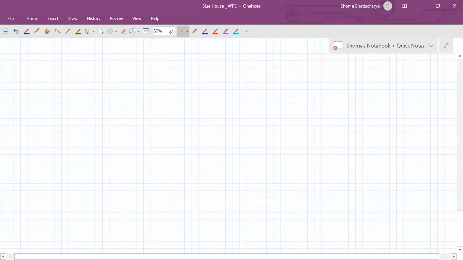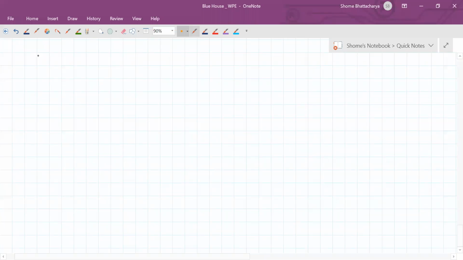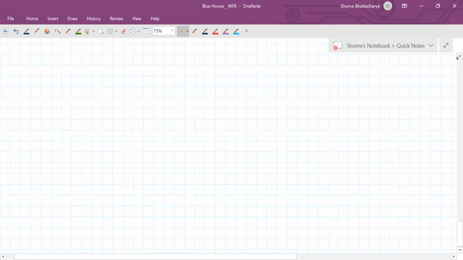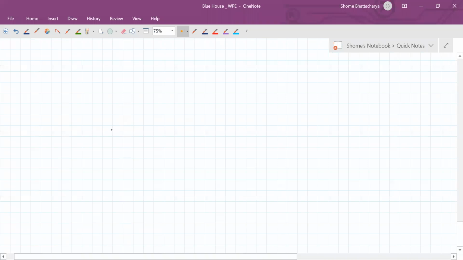Okay, so let's understand this concept once more. Suppose we have a situation where a particle is making a very complicated kind of displacement like this, going from here to here.